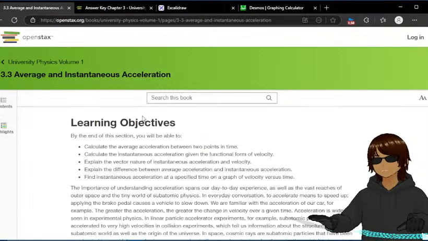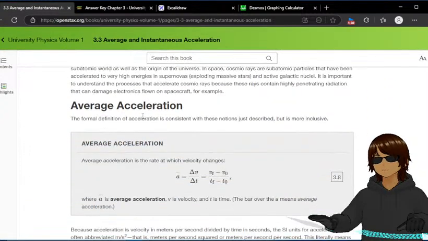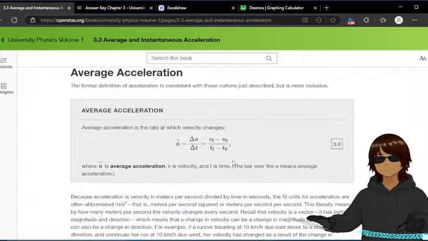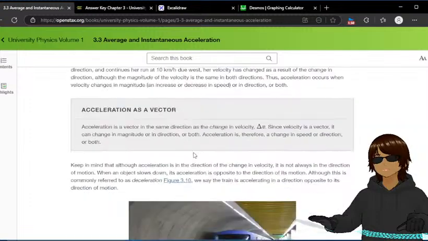Average and instantaneous acceleration. The formal definition of acceleration is consistent with these notations just described, but more inclusive. Average acceleration is the rate at which velocity changes, so the change in velocity divided by the change in time.